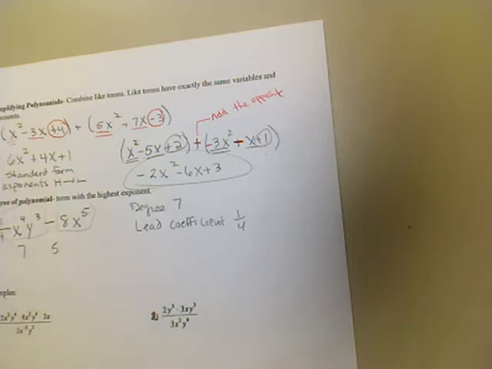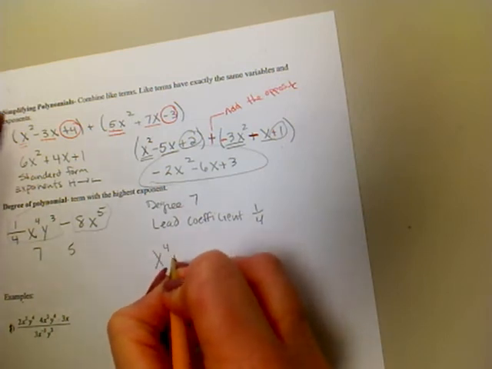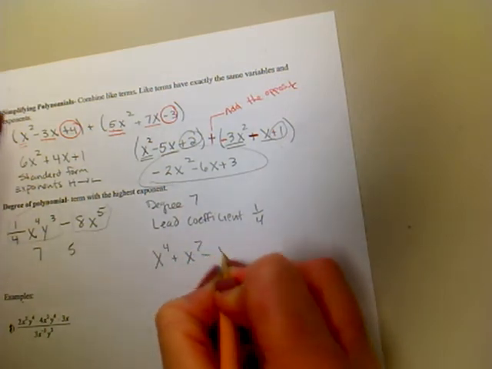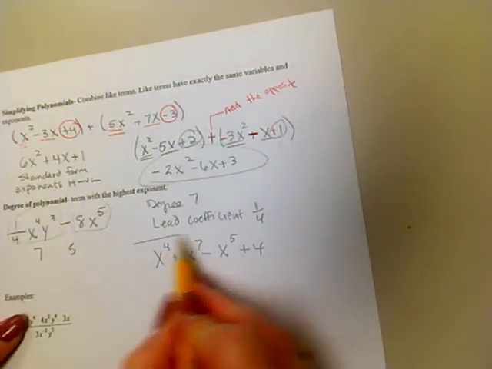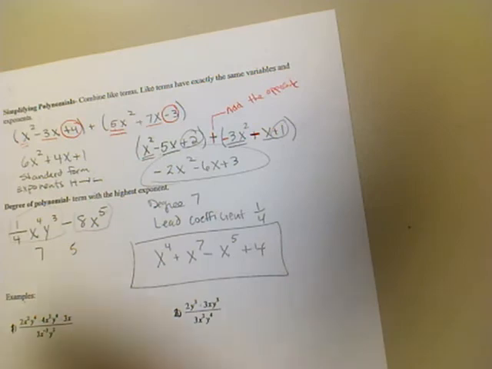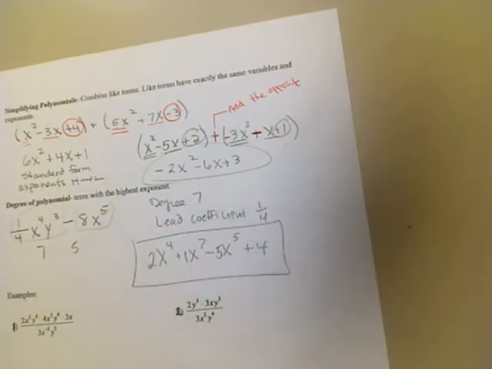Let's get another one. They're not all going to be like that, and I wouldn't do that to you anyway. I like to keep it a little bit more simple. So if I gave you this one, okay, something like this one. 2, 1, 5. And I said, okay, what is the degree of this polynomial?